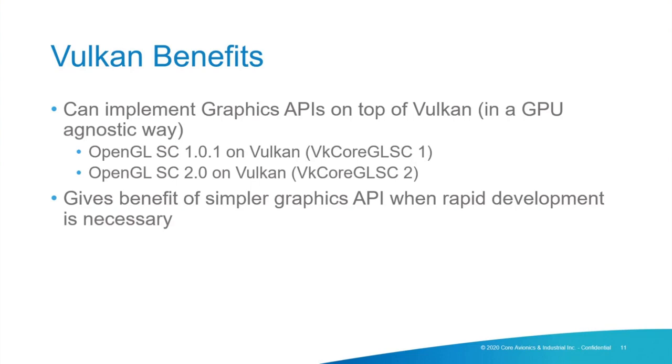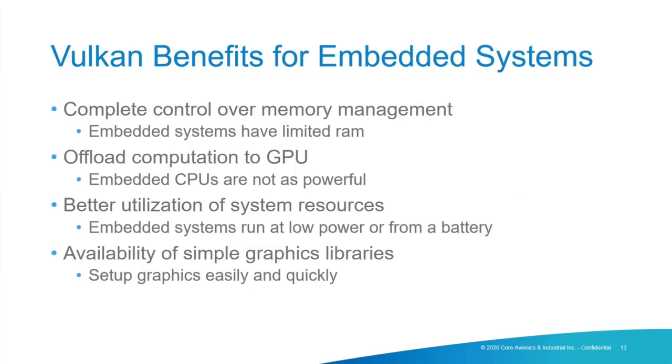you with Vulkan. And lastly, the Vulkan benefits for embedded systems really are complete control over memory management. Embedded systems are usually low resource systems. They don't have a lot of RAM, or they don't have a lot of CPU power.